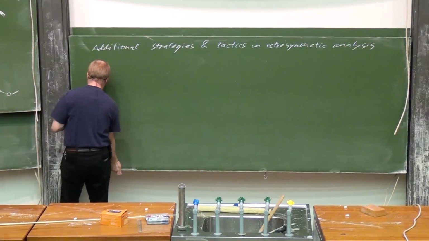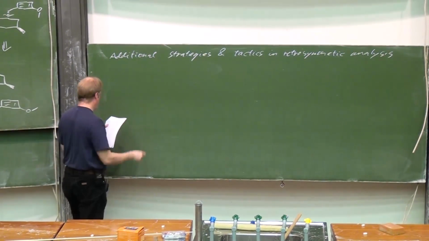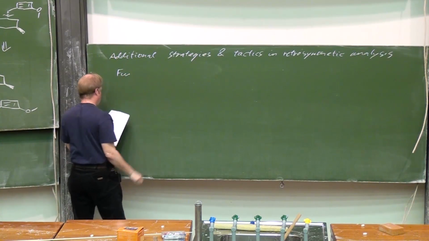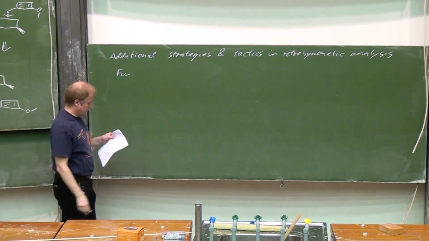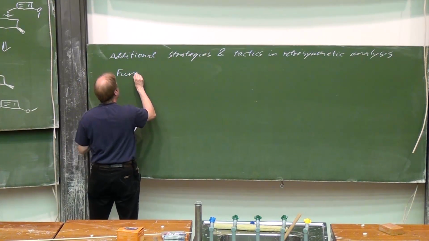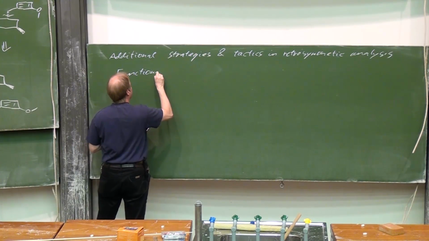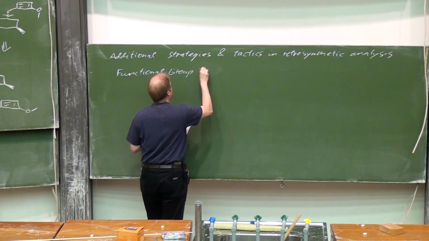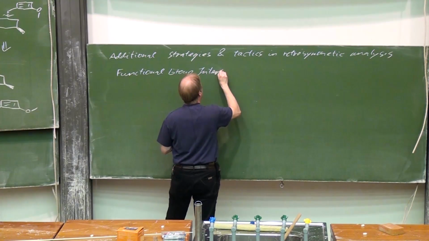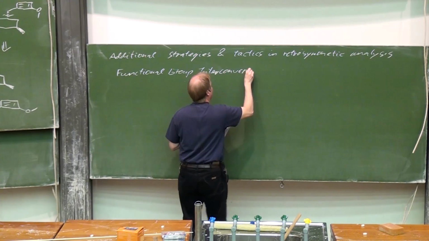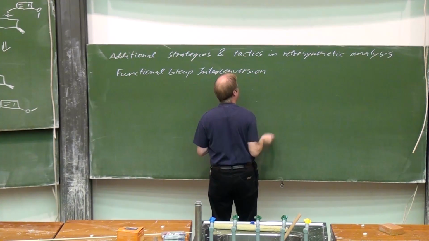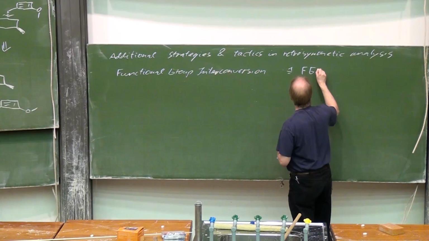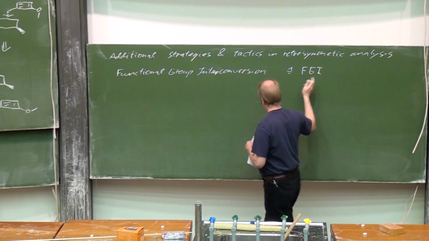One very simple but often used and very useful strategy is functional group interconversion, often abbreviated as FGI.